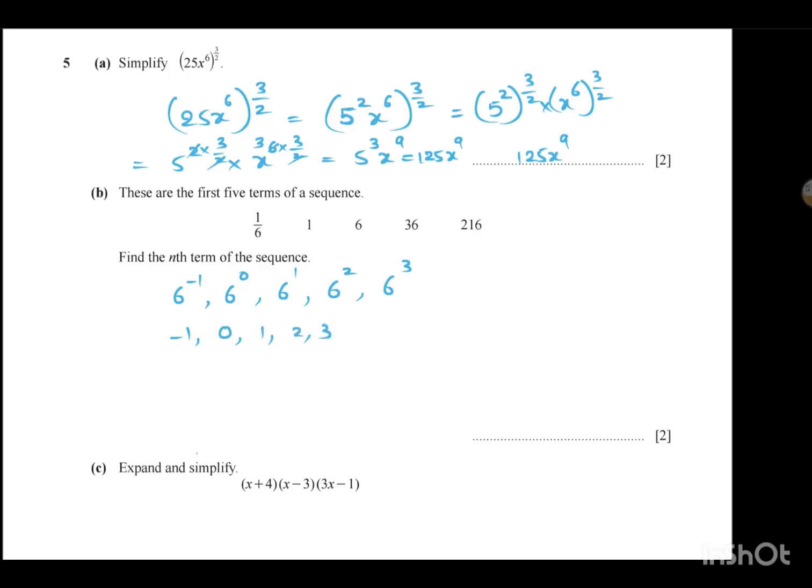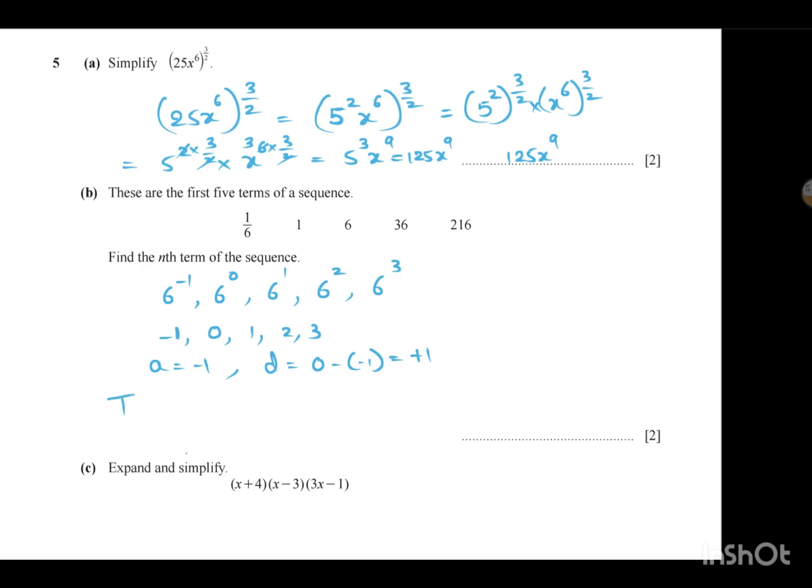Now these numbers are going in a sequence when 1 is added. That means the term 1 is a, which is minus 1, and the common difference d will be 0 minus of minus 1, which is plus 1. So using this first term and the difference, we can find out, because the powers are in arithmetic progression.